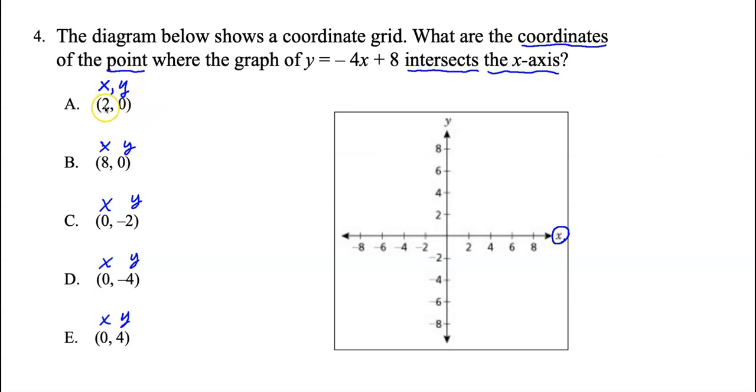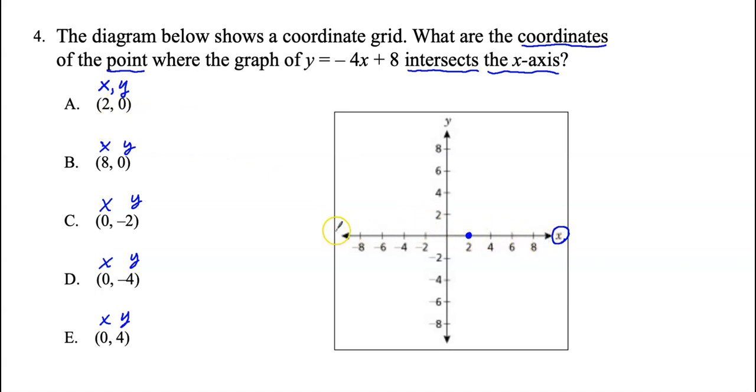This tells us to move 2 units in the x direction and 0 units in the y direction. So I'll start at the origin and move 2 units in the x direction and 0 units in the y direction. In other words, I won't move up or down. I'll plot my point. So this point right here touches the x-axis.